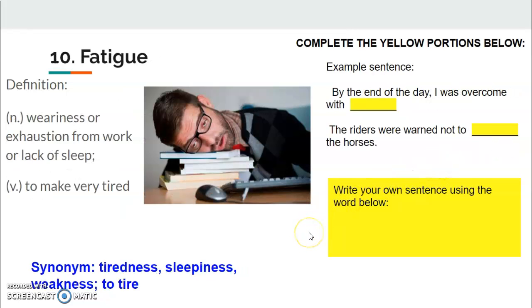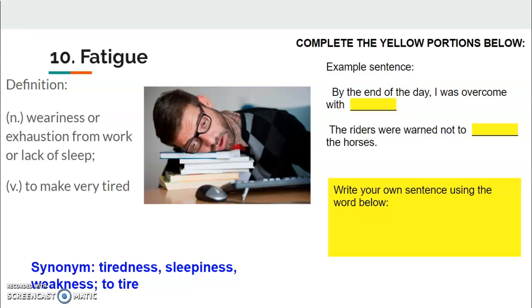Number 10, fatigue. Fatigue is a noun or a verb. As a noun, if you have fatigue as a feeling, it means you are exhausted from work or a lack of sleep. So this guy is feeling fatigue.